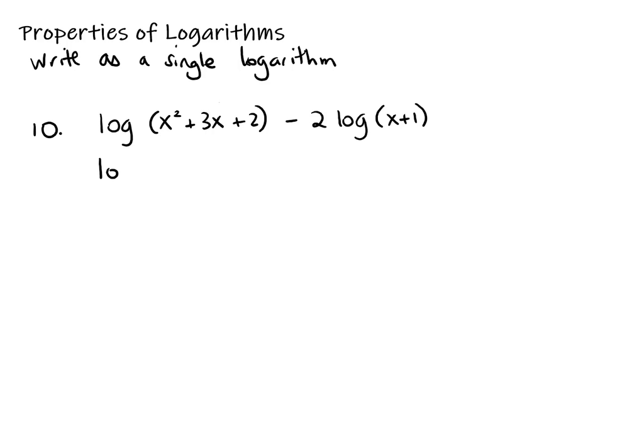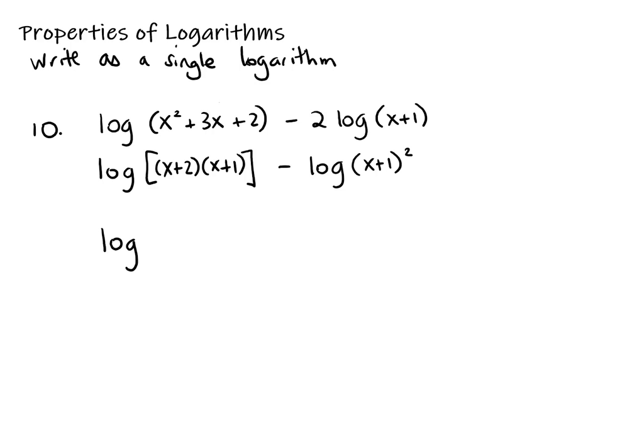So I'm going to write log of x plus 2 times x plus 1, and then minus log of x plus 1 squared. And since it's minus, it turns into division, so I'm going to write log of x plus 2 times x plus 1 over x plus 1 squared.